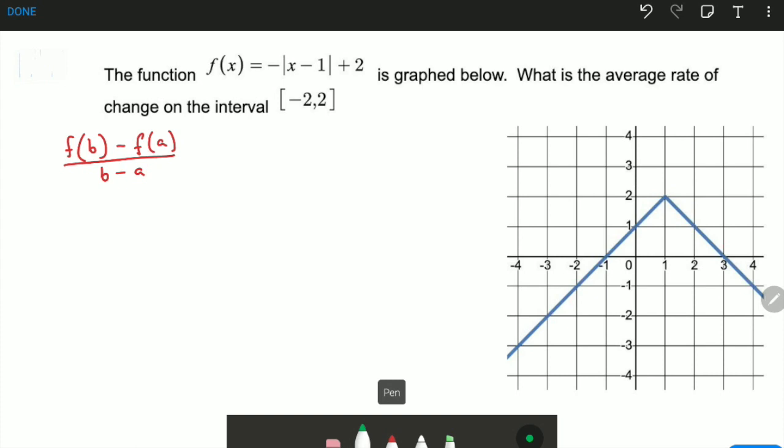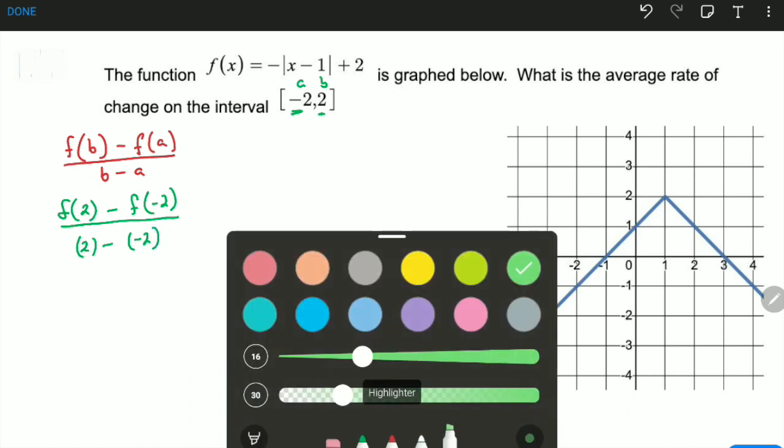So replacing the a's and b's, -2 and 2 are my two x values, so a to b, just going through and replacing: f of 2 minus f of -2 over 2 minus -2.